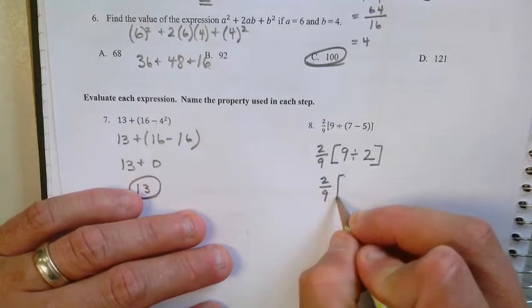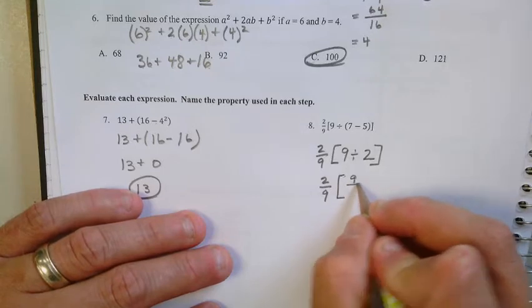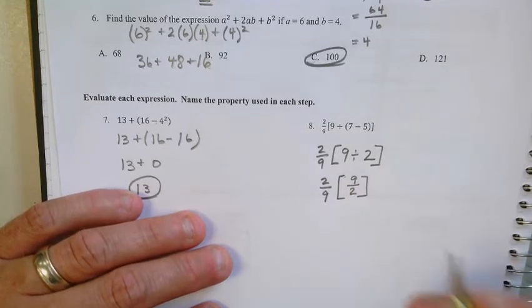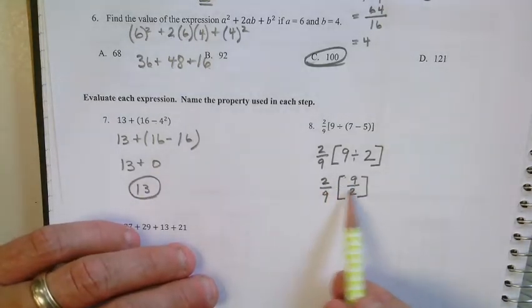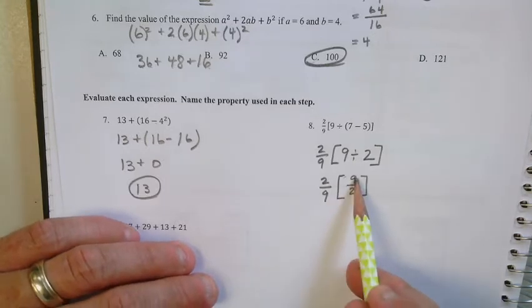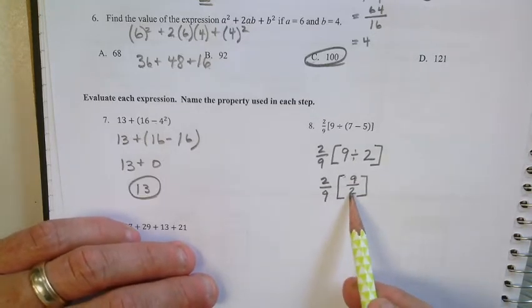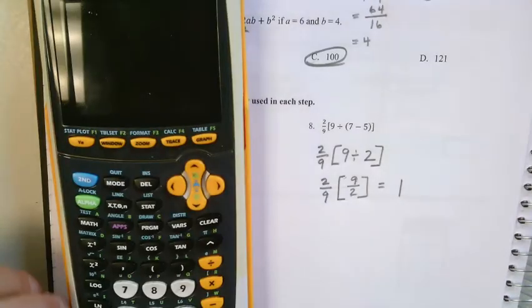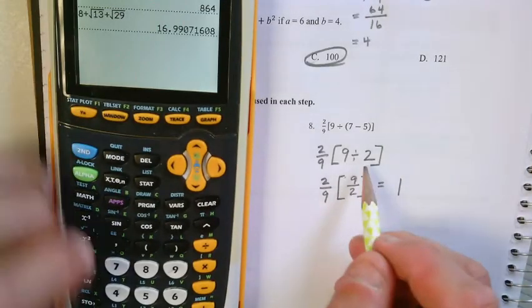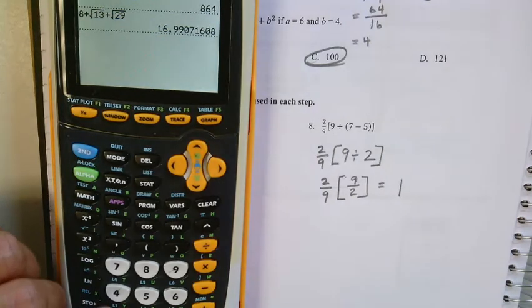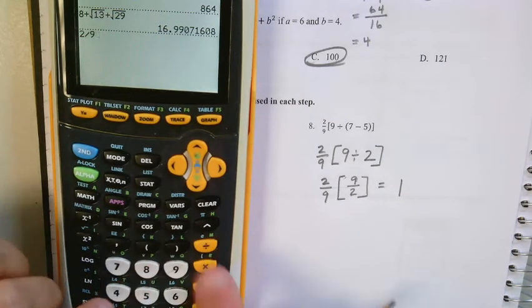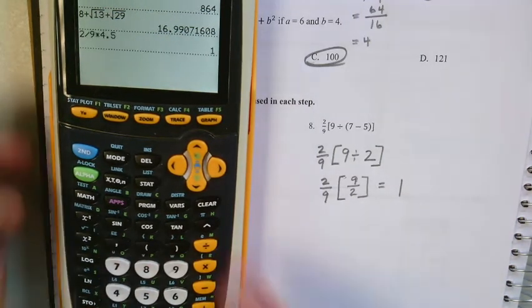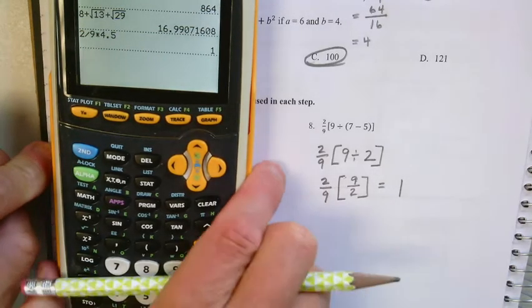If I keep this in the brackets here, 9 divided by 2 looks like this, and this is multiplication here. So this is actually going to be 18 over 18. So my answer for number 8 is 1. Now if you were to do the 4.5, just showing on my calculator here, 2/9 times 4.5, again, it still gives you 1.